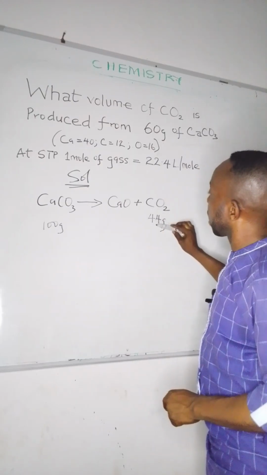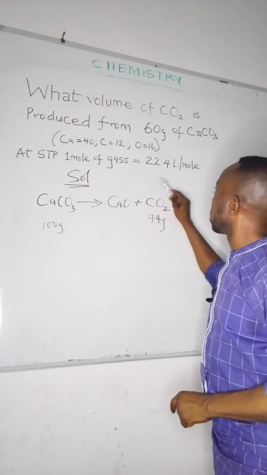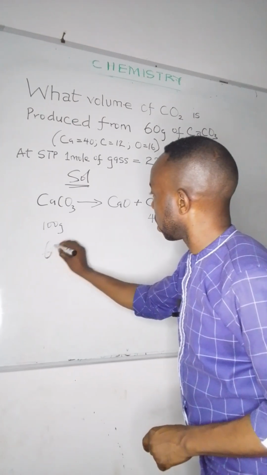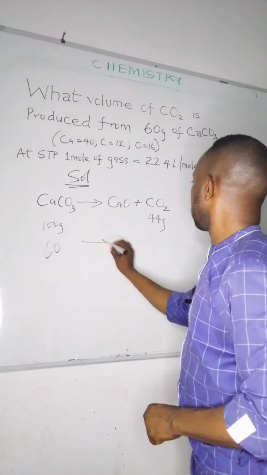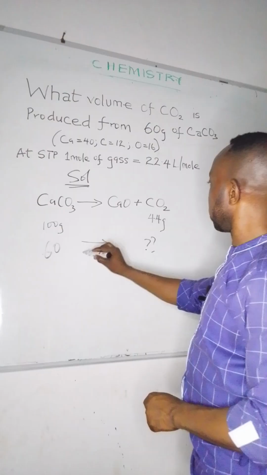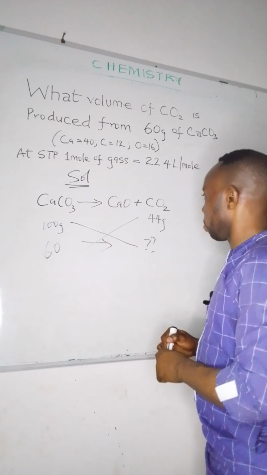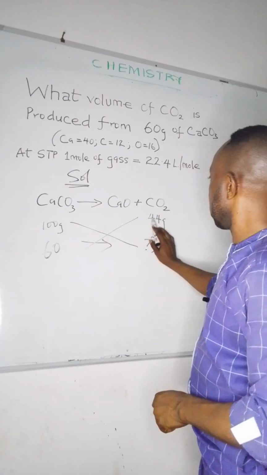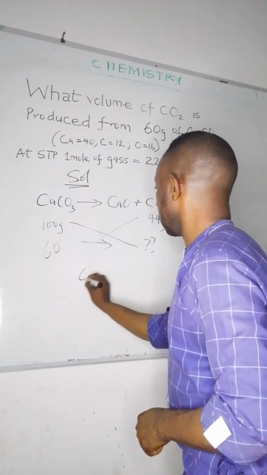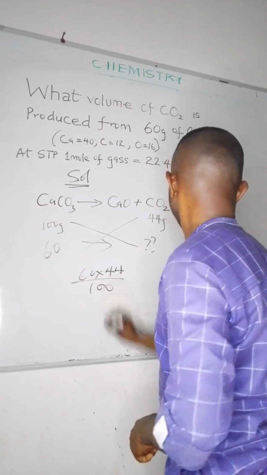Now, how many grams of carbon dioxide will be produced when 60 grams of calcium carbonate is used? You will now say 60 grams will produce how many? When you cross multiply like this, remember that's what I taught you, it will be 60 times 44 divided by 100, which is 60 times 44 all over 100.